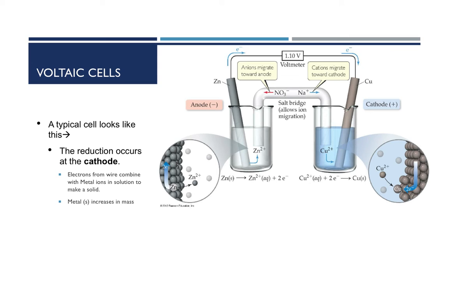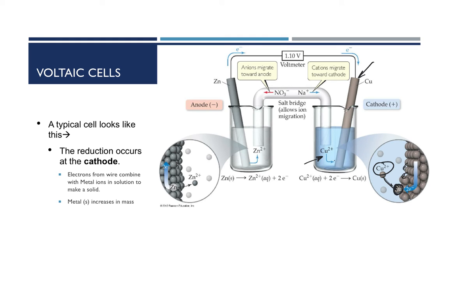On the cathode side, electrons from the wire combine with metal ions in the solution to make a solid. Here you've got your copper electrode and copper ions in solution. As the electron excess forms on the surface of the copper electrode, it combines with the copper ions to create solid copper metal.